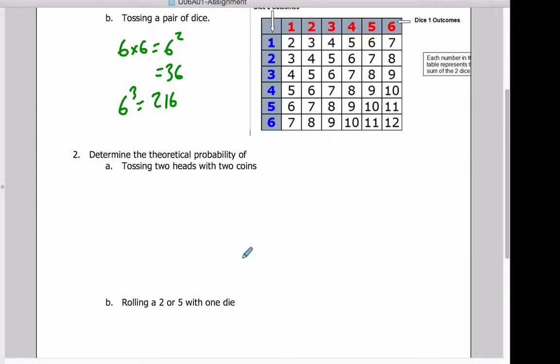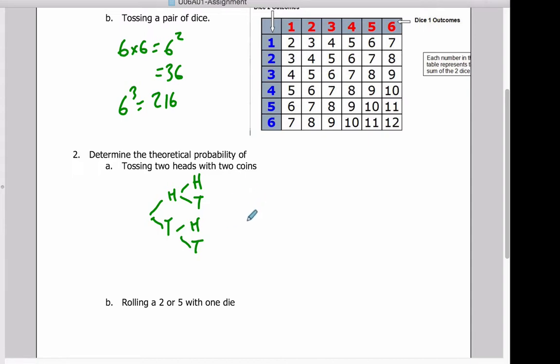Now, determine the theoretical probability of tossing 2 heads with 2 coins. So, again, the first coin you can get heads or tails.